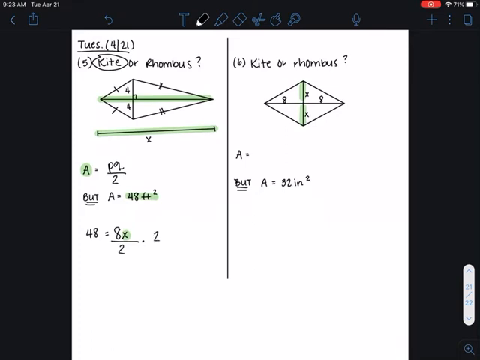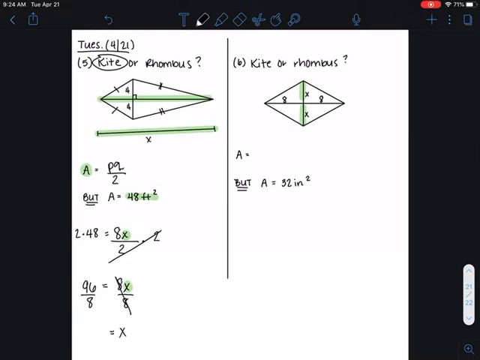Now we're just using algebra to solve for X. I'm going to go ahead and multiply both sides by 2, and then you have 96 equals 8x.